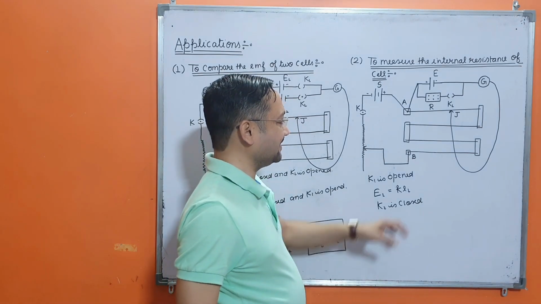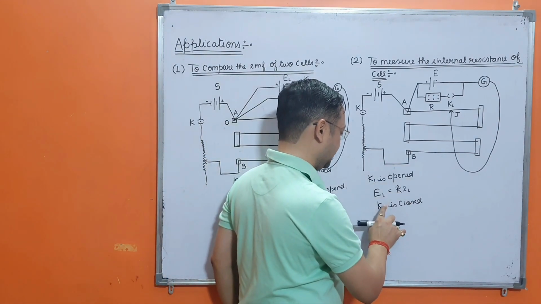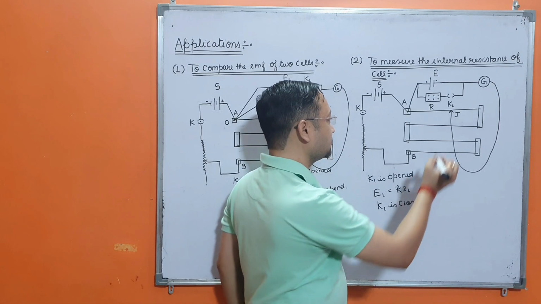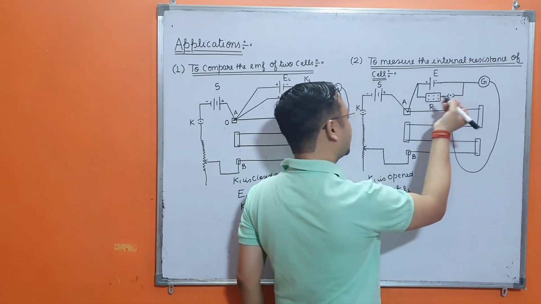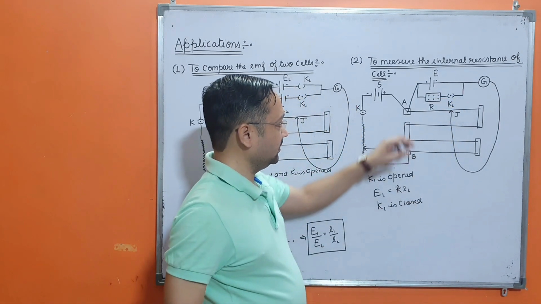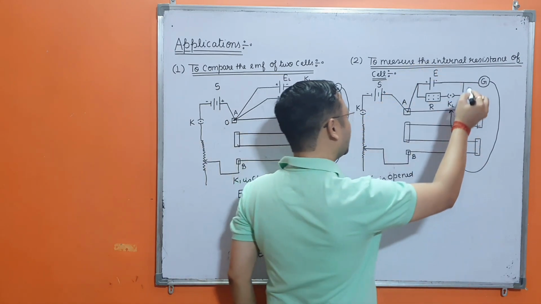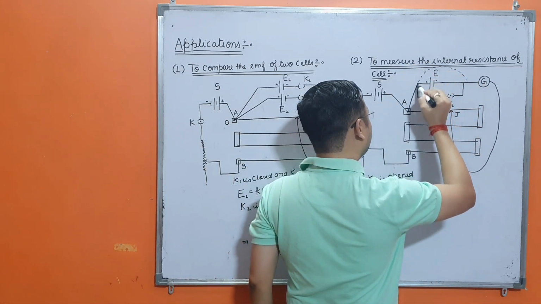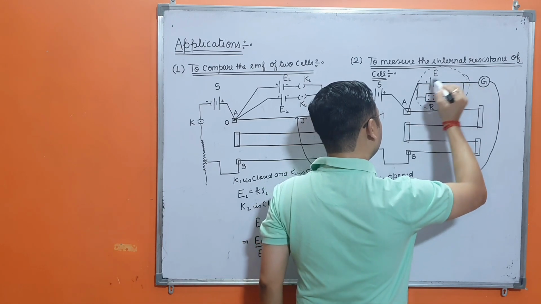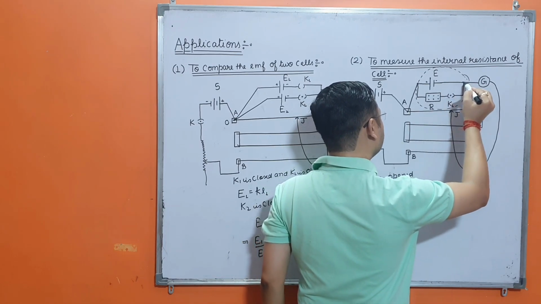When K1 is closed and you plug out a key of resistance of 2 ohm, then whatever null point you are getting is for the terminal potential difference across these two ends of this circuit.